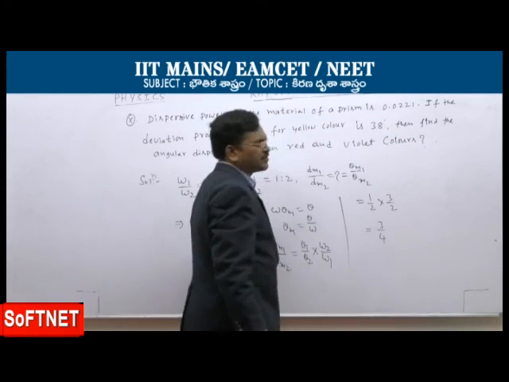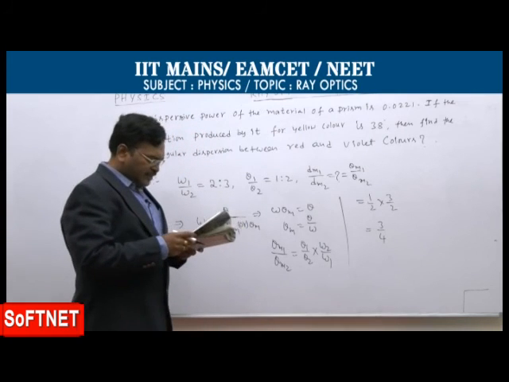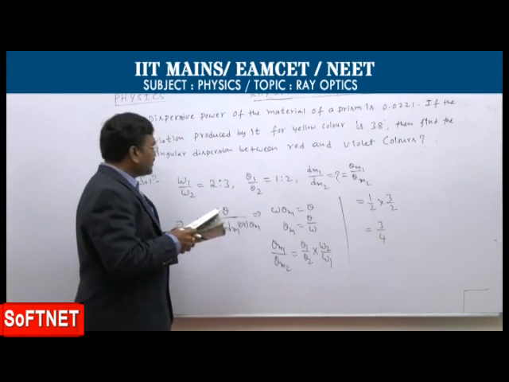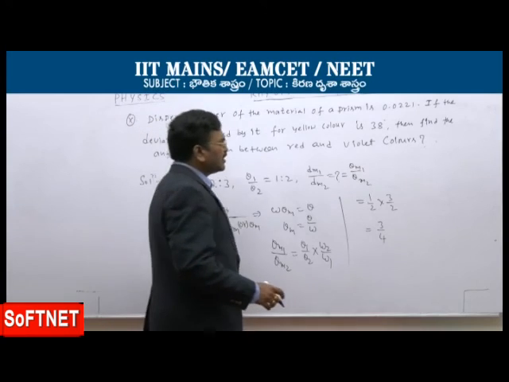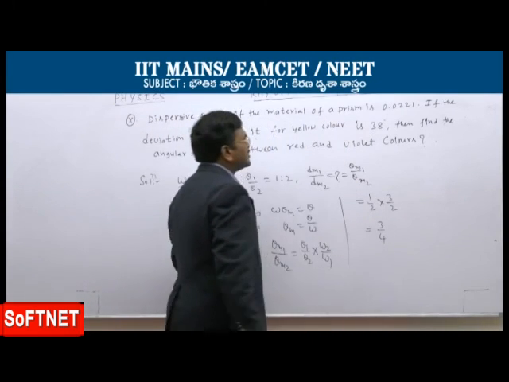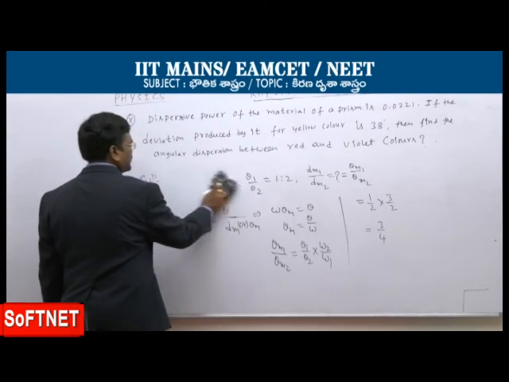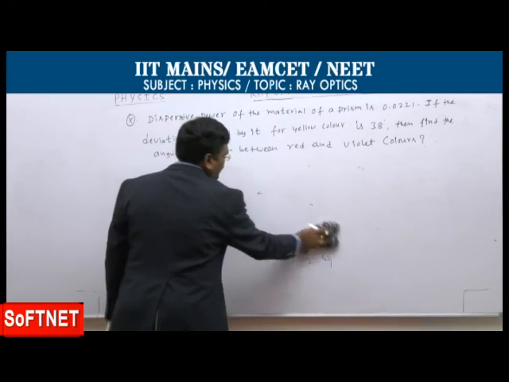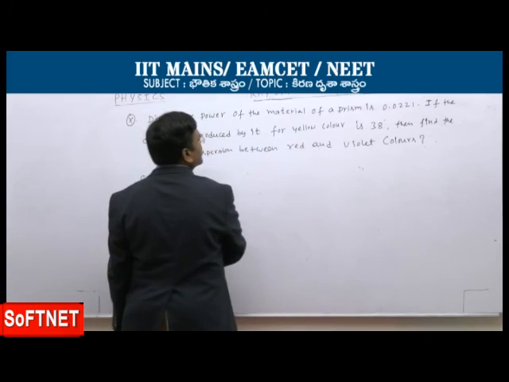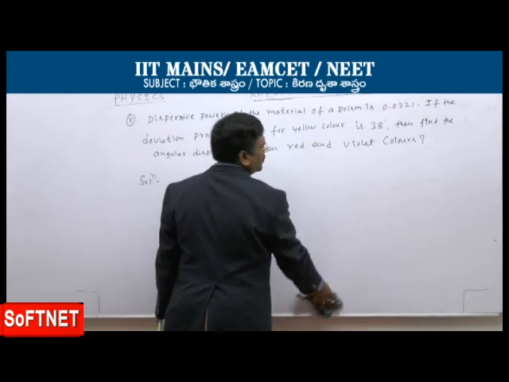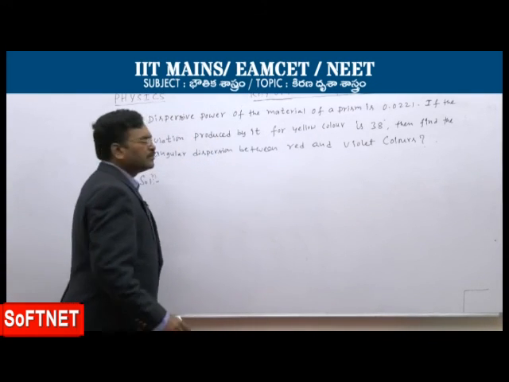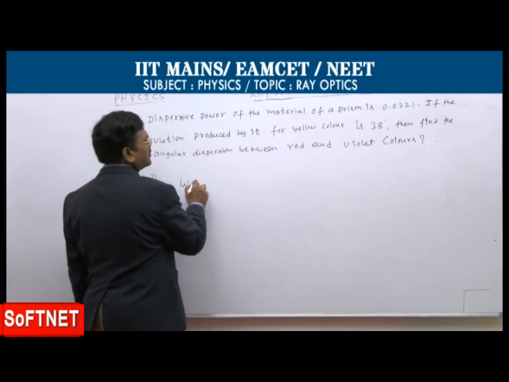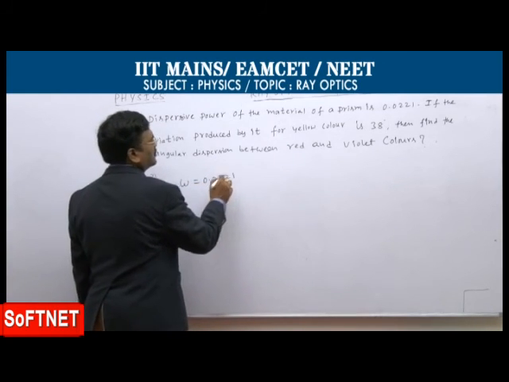We have a question like this. What is given? The dispersive power of the material of a prism is 0.0221, so omega is equal to 0.0221.